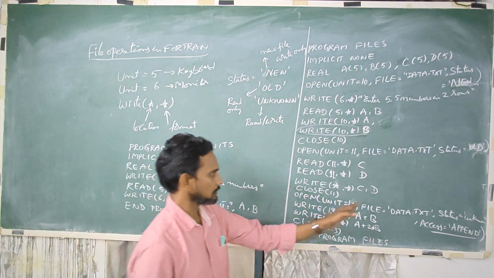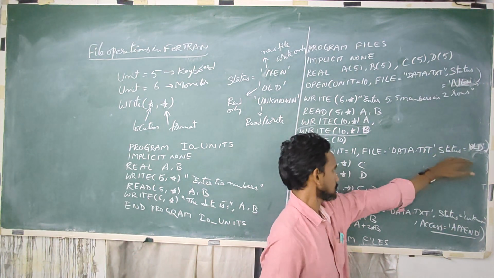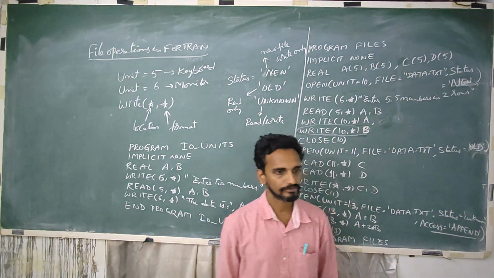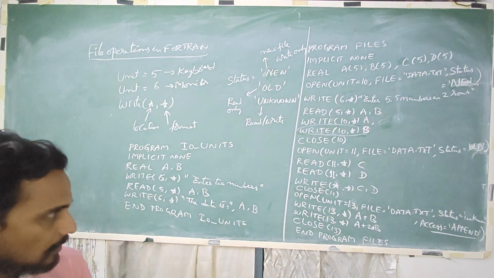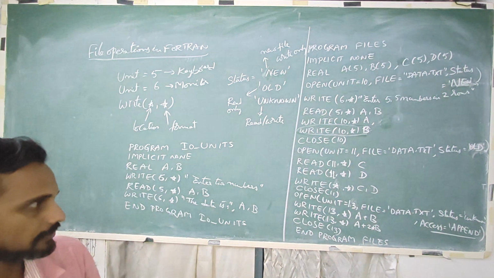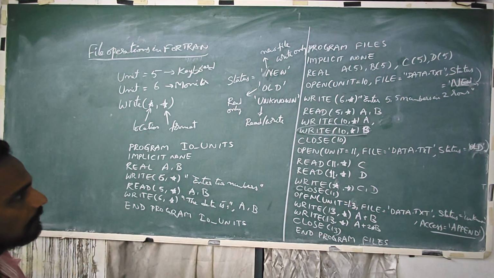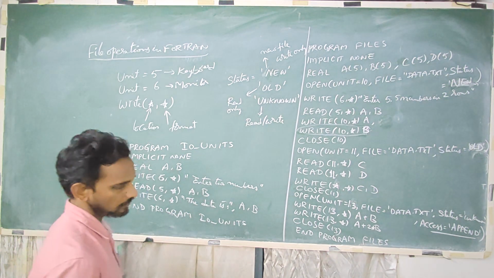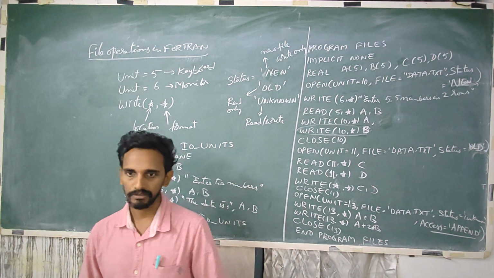So other than that, reading data and writing data, for both the cases you can use that option unknown. Status unknown is used for simultaneous read and write operations. So these are the basic options available for reading data from file and writing data into a file in FORTRAN.